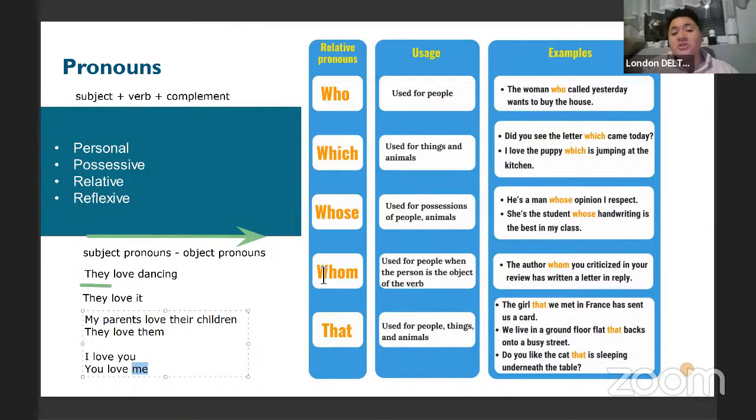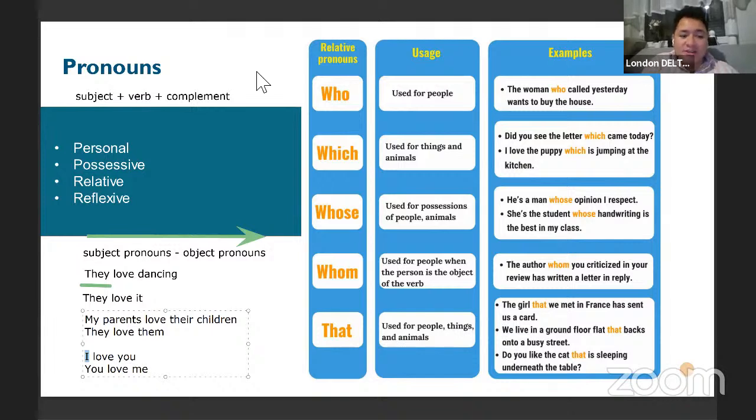When I say object pronoun, it means that I receive the action. So in this case, if you love me, I am the object. I receive the effect of the action. If I say I love you, I is the subject because I do the action. Okay, so that's the difference between a subject and an object pronoun.